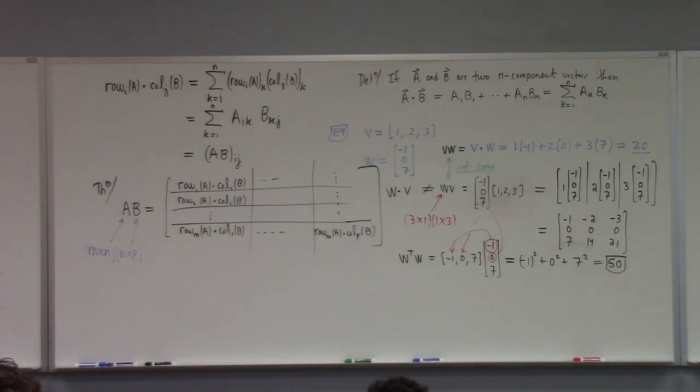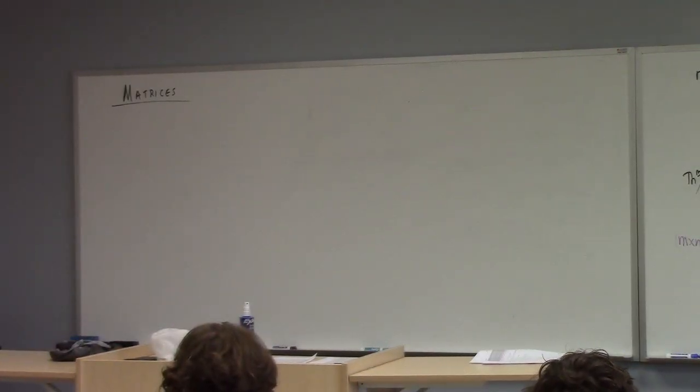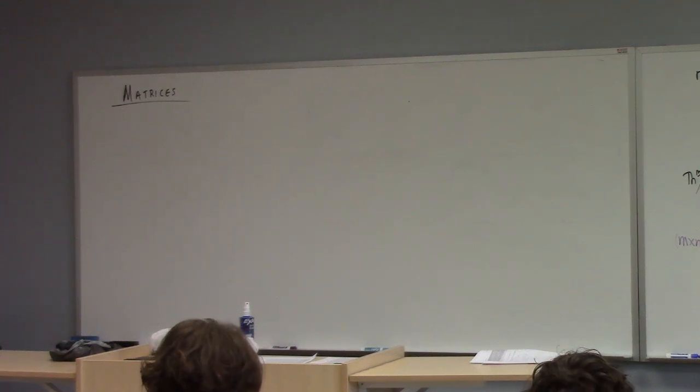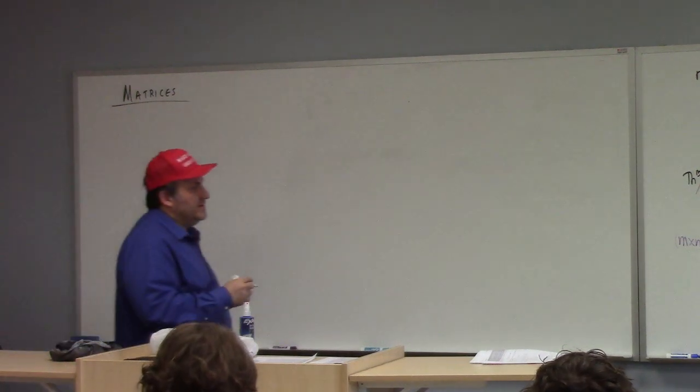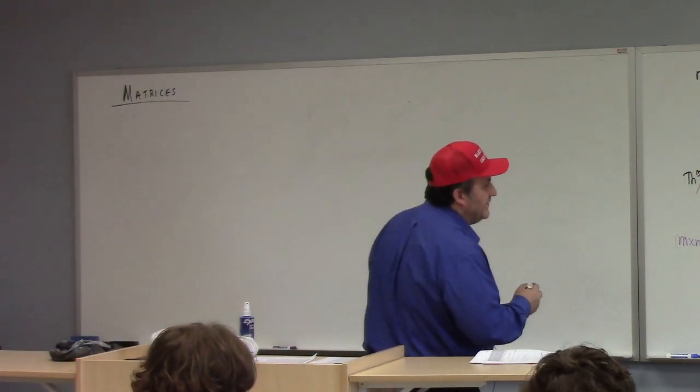All right, so let me actually multiply two genuine matrices here, and then we'll be done for today, I suppose. What example are we on? 5? Yeah.